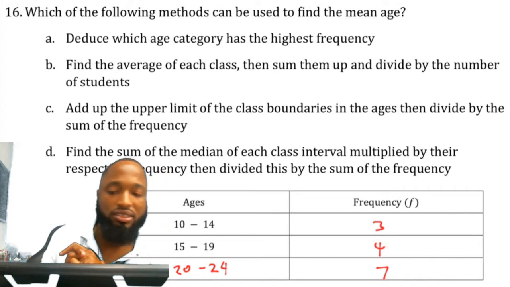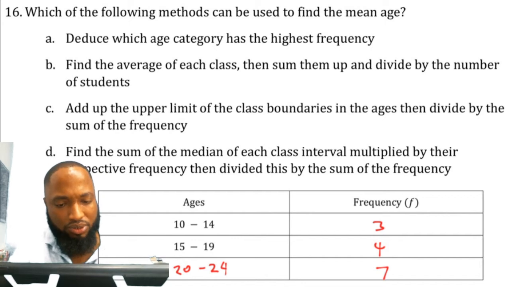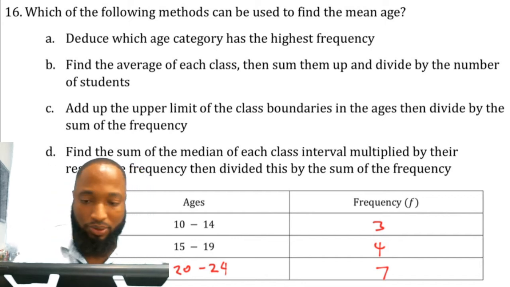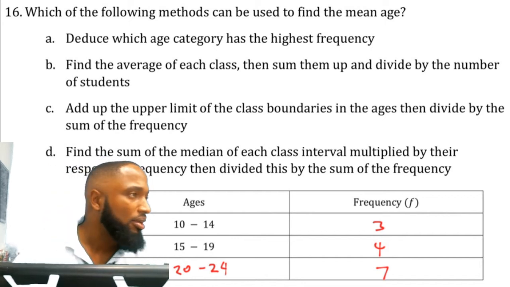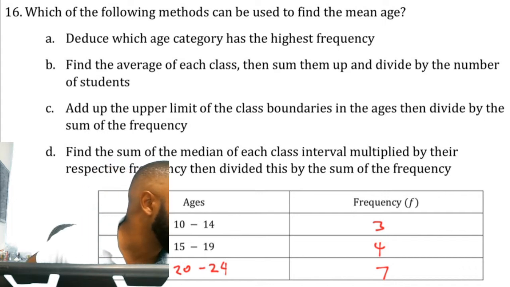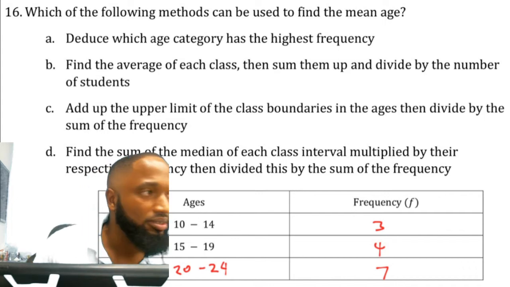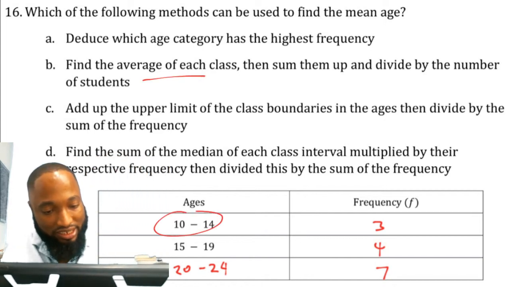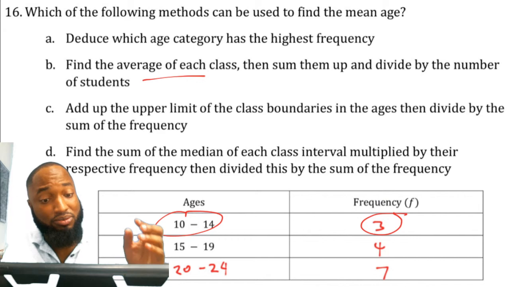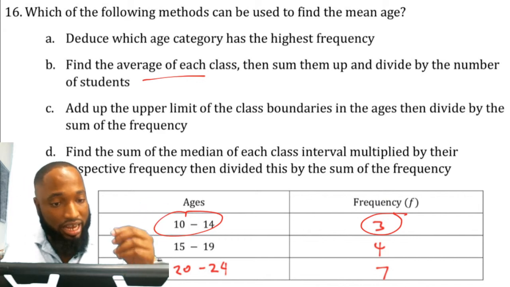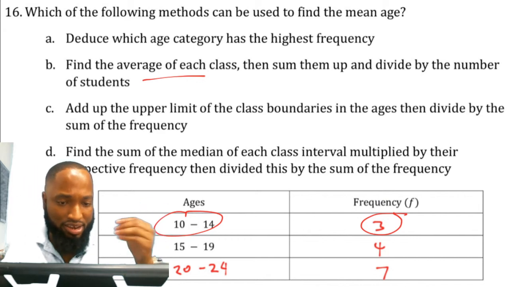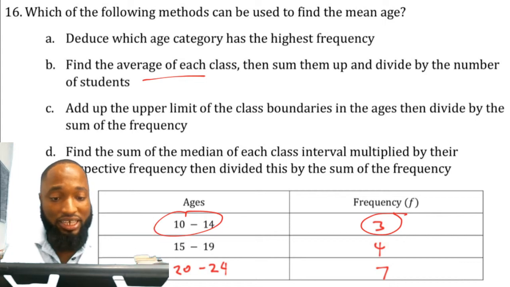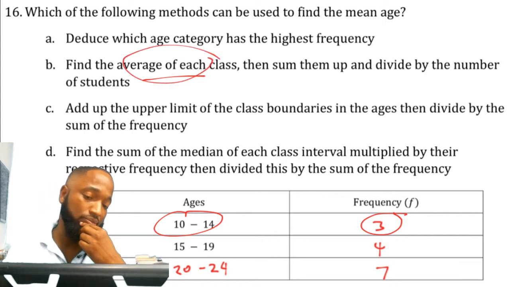Nice. So how are we going to find the mean? People are saying B: find the average of each class, which is impossible. Then sum up and divide. The problem here is you can't find the average of each class.